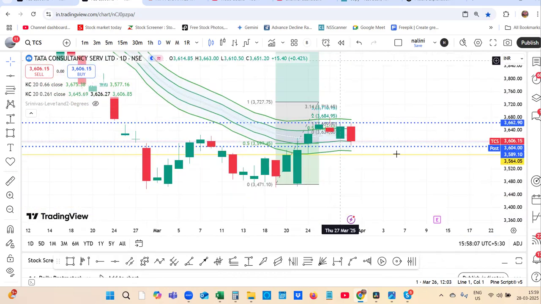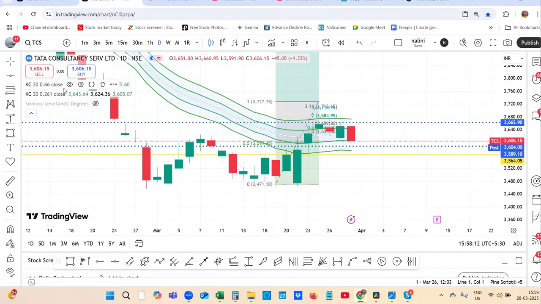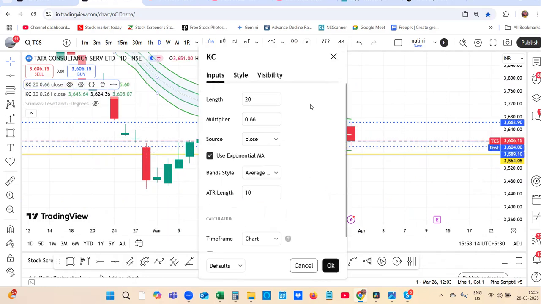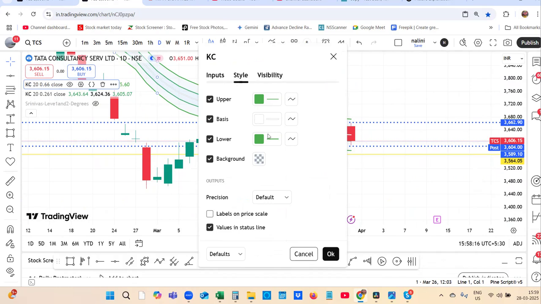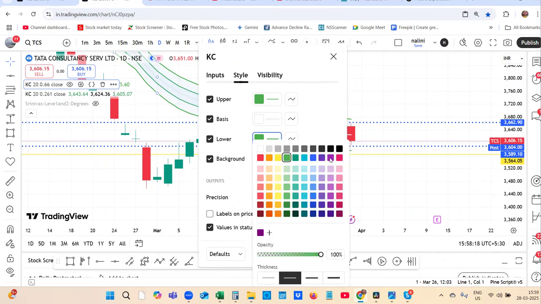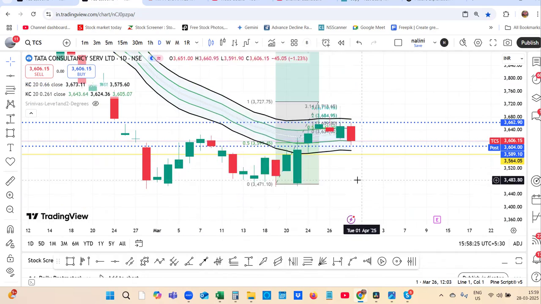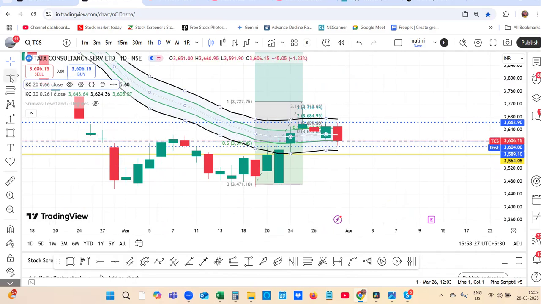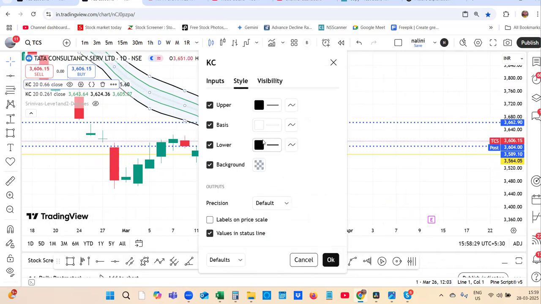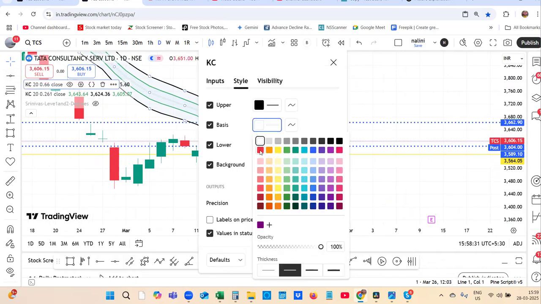Okay, it has come down. This is 0.66. Let me make it black, even this black, so that you can see the boundary clearly. Let me change this median color to red.